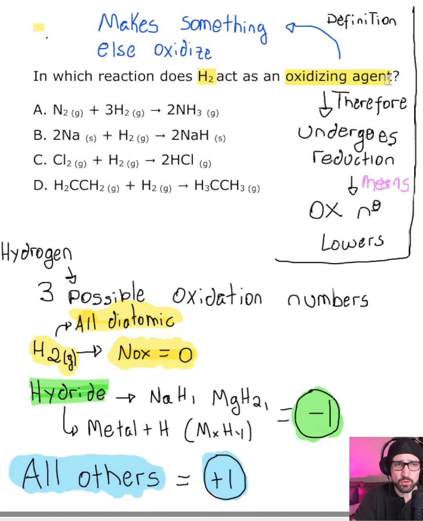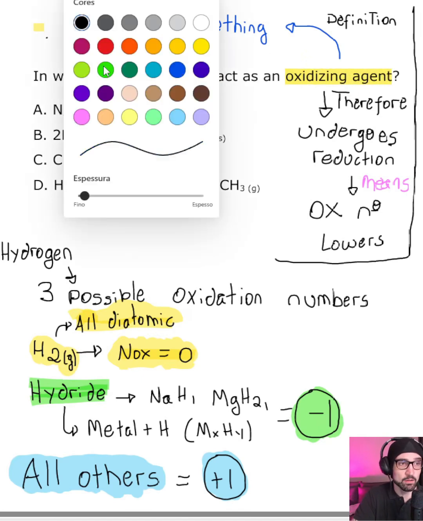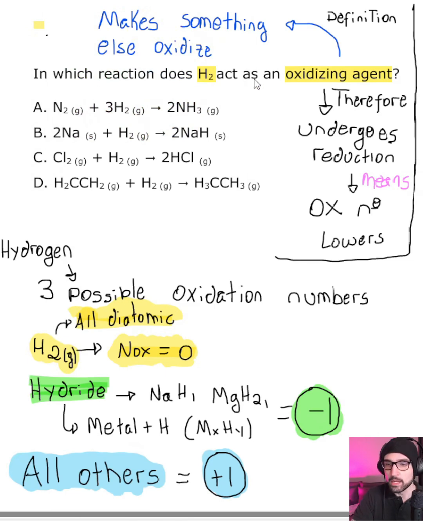So first, we need to know what an oxidizing agent actually is. Well, let's go over that. An oxidizing agent is something, a molecule, an element inside a molecule that makes something else oxidize, right? By definition, every time you see the word agent, it means does that to someone else.